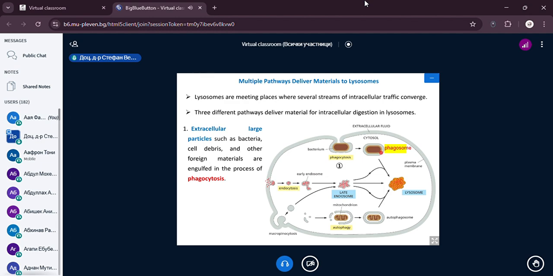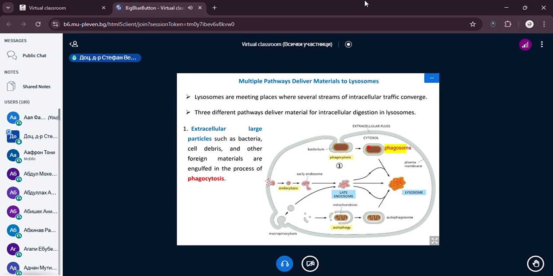This phagosome belongs to the early endosome compartment, and this phagosome changes by first receiving the structural proteins for the lysosomal membrane, the transport proteins, including this protein pump, which starts to pump protons into the phagosome and acidifies the inner composition of the phagosome.